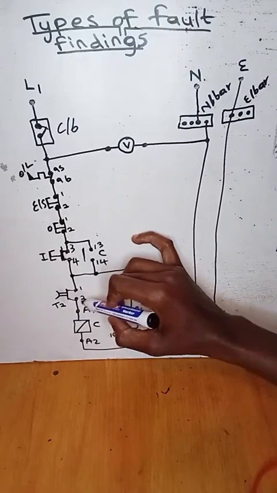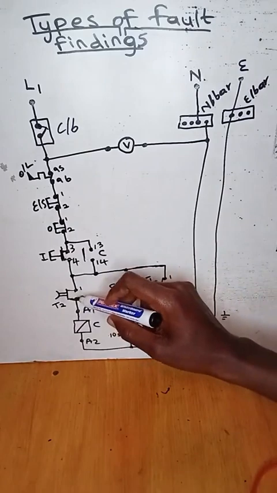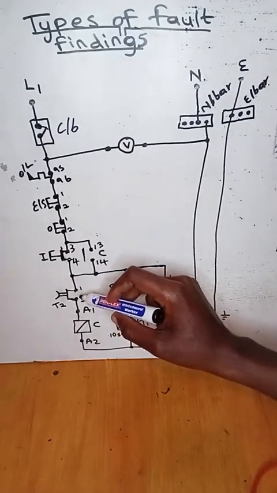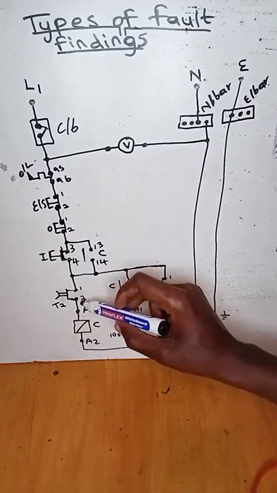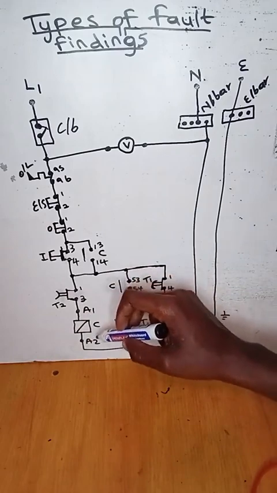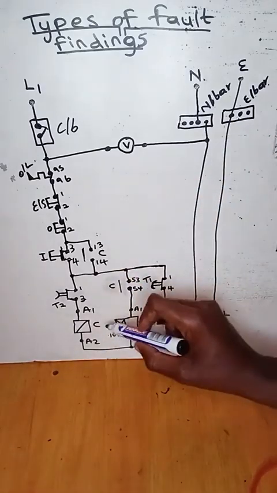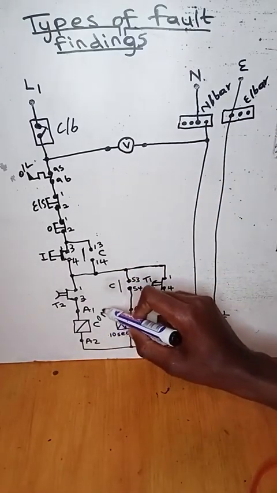Okay, its contacts become closed. We are good. And when it becomes closed, current will flow all the way to the coil of a contactor from A1, and A2 it will also get neutral, which means it will be on.